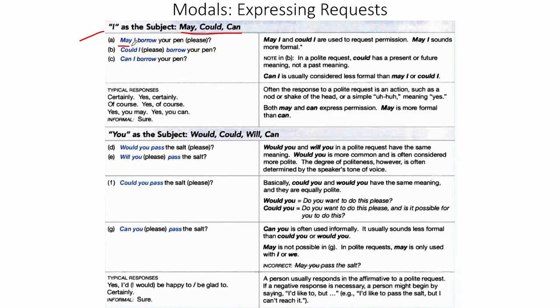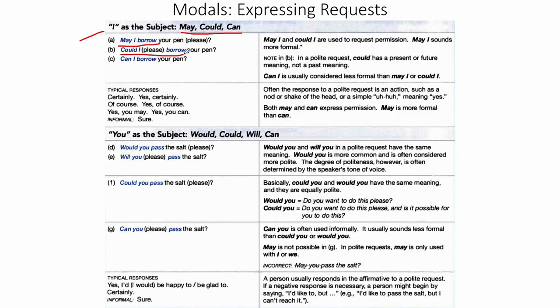May I borrow your pen, please? Here we have the modal, and we have I as the subject of the main verb, which is the verb borrow. Could I please borrow? Here we also ask for a pen, and you use I as the subject of the verb, so we use the modal could.